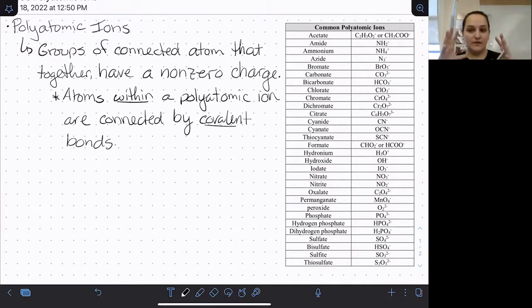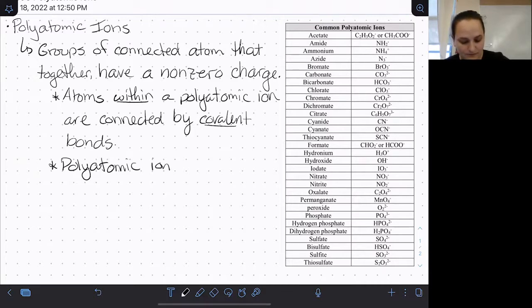So within the ion is a group of atoms. Those individual atoms are connected by covalent bonds, but because this group collectively functions as an ion, polyatomic ions bond to other ions via ionic bonding.